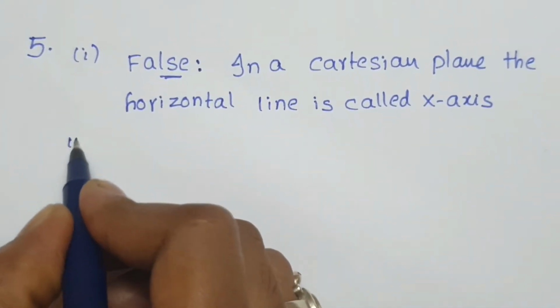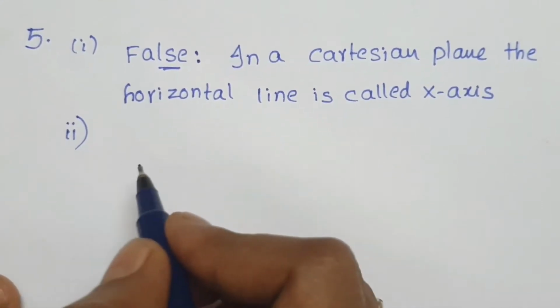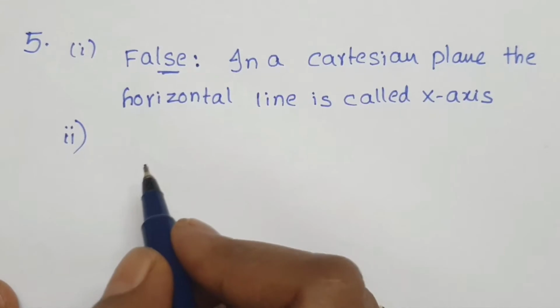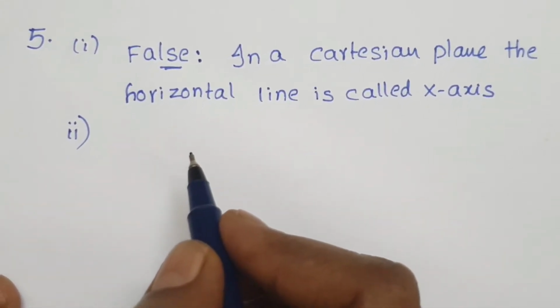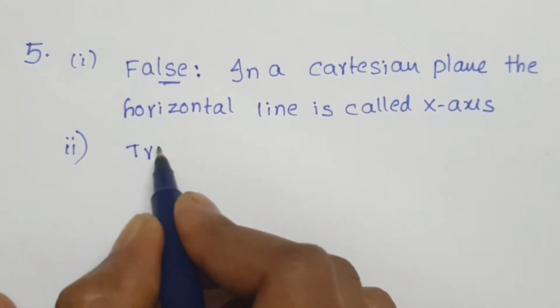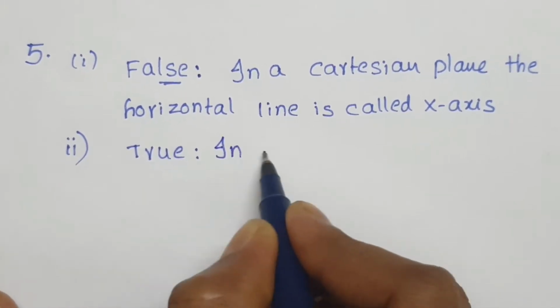Next, second one, question listen. In the Cartesian plane, the vertical line is called y-axis. So it is true. We know that horizontal line is called x-axis, vertical line is called y-axis. It is true. Second one is true. Reason, right?